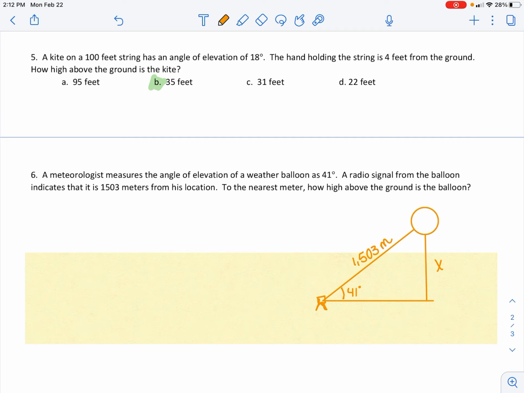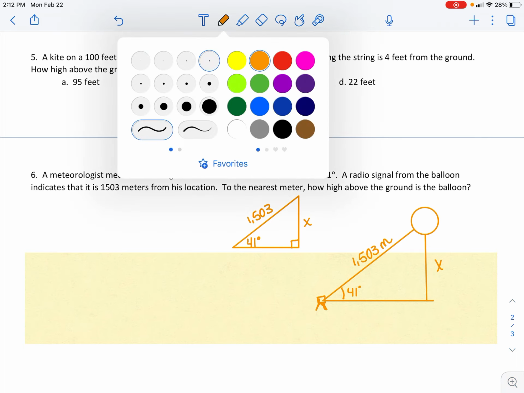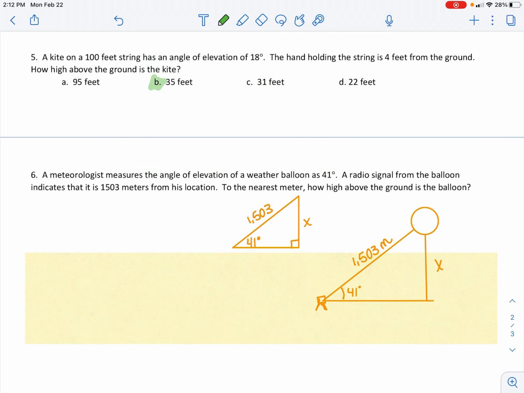So we have our triangle. We have X. We have our angle 41. And we have the 1,503. Okay, so we need to focus on what sides we're given.